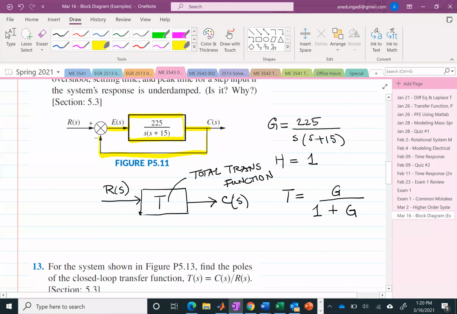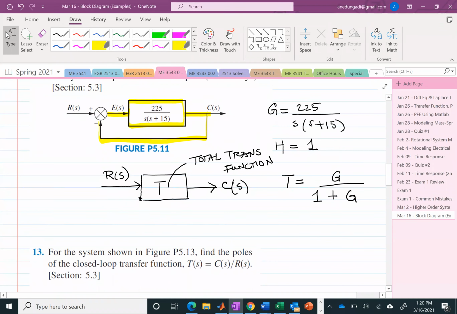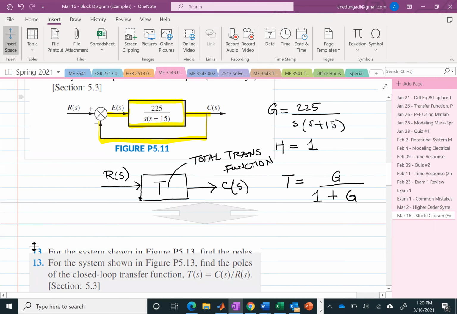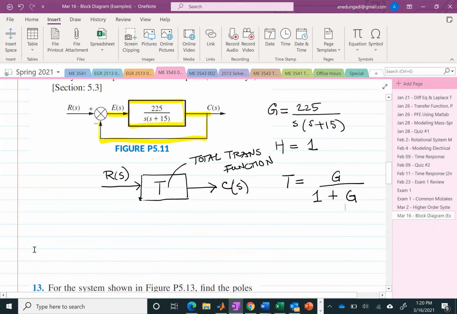Okay. Remember the standard second order transfer function: G second order is B divided by s squared plus 2 zeta omega n s plus omega n squared.